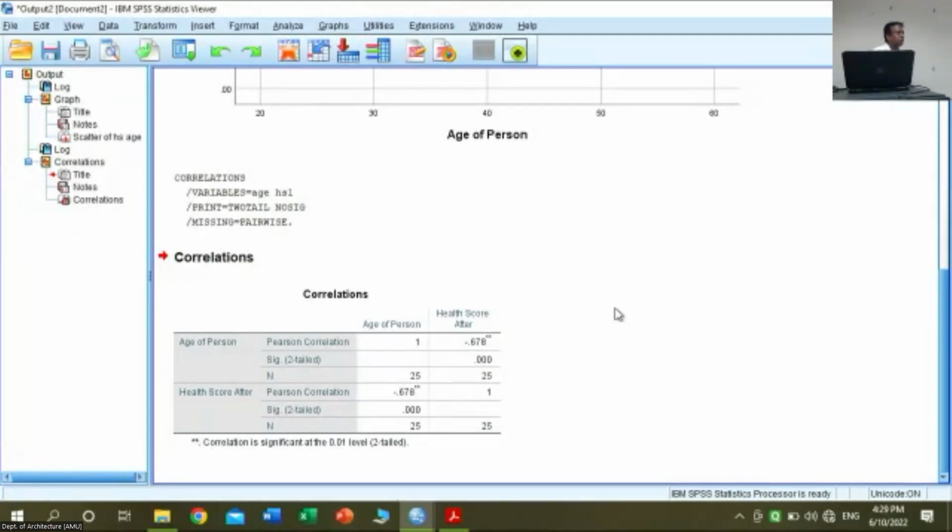That means there is some relationship between age and health score. So we observe here there is some negative correlation between age and health score. That is also true in the population. This correlation value is significant. Okay, so this is simple correlation.